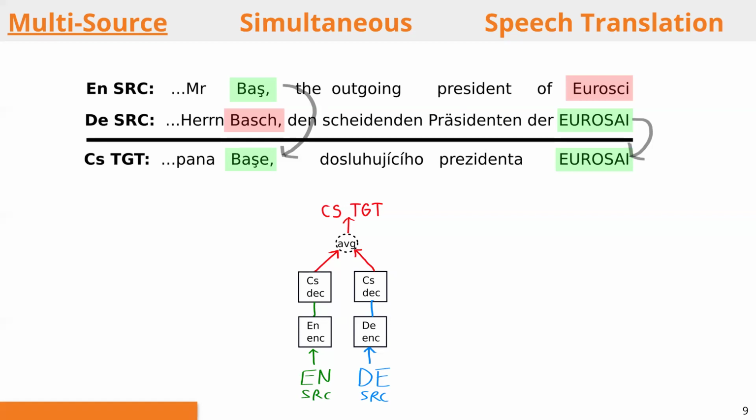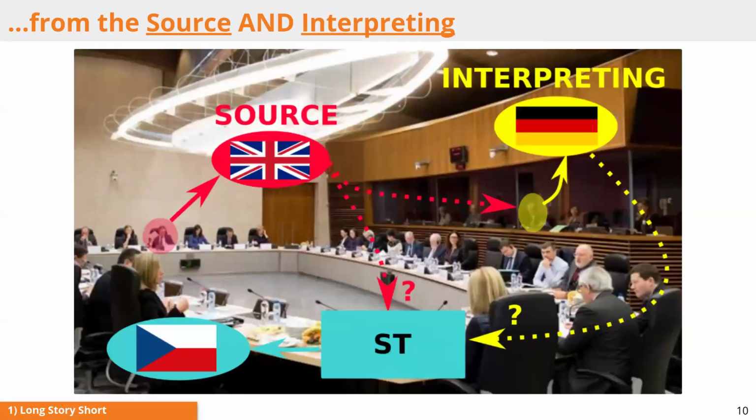And the machine, if it's knowledgeable enough, can avoid the errors and receive better quality in the end. And the model can look like this in this picture, like two separate encoders and decoders, and then average the representations decoded.